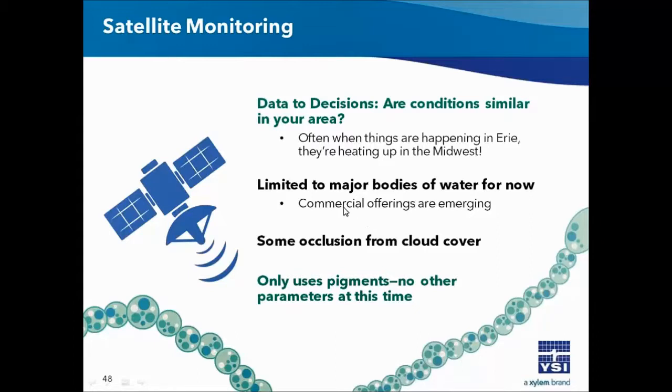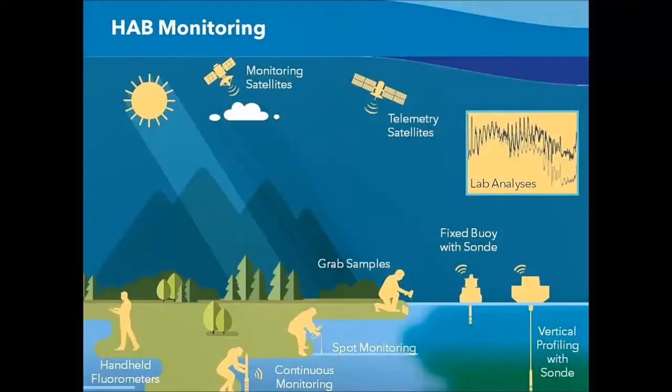I will point out there are a couple of companies now that are starting to offer these types of data in a commercial fashion. There is occlusion from cloud cover and other things like trees or anything else that can get between that satellite and that surface of water. And these only use the pigments. They don't use any of those other water quality parameters that I talked about earlier in the webinar.